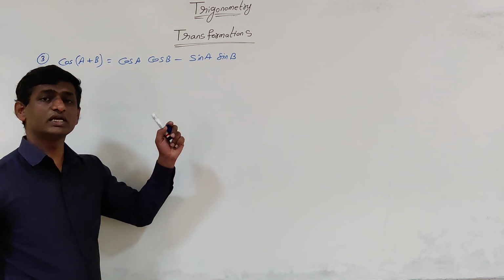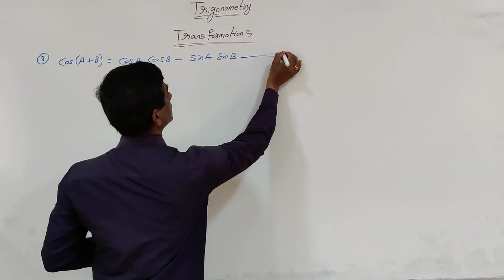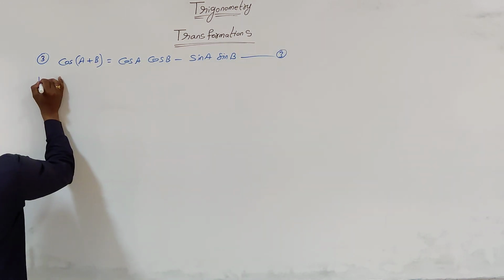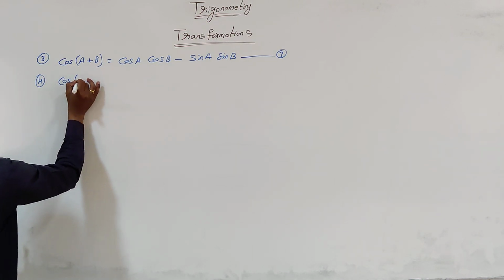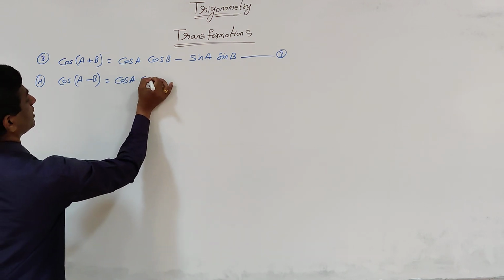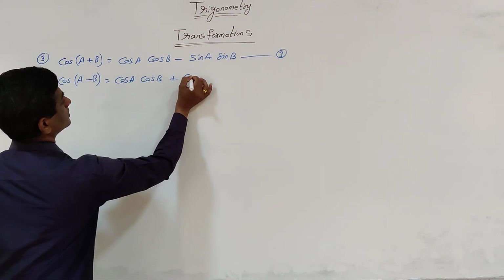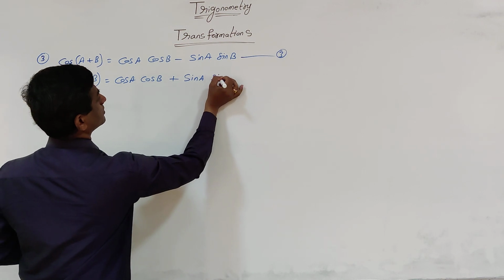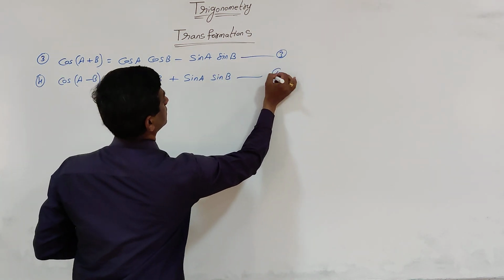In the previous we have taken 1 and 2 equations. Assume that this is the third equation. Next, cos of A minus B is cos A cos B plus sin A sin B. So this is the fourth equation.